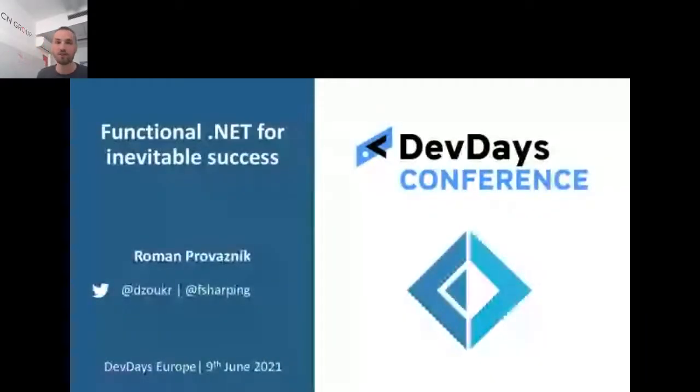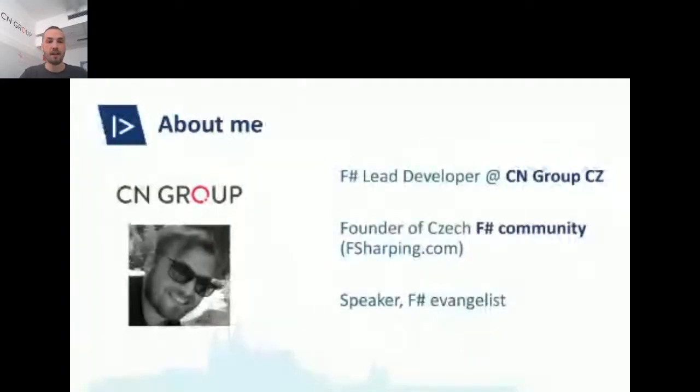So, welcome to my talk about functional .NET for inevitable success. My name is Roman Provazník. I'm from Czech Republic, from Prague. You can find me on Twitter on these handles, Joker and FSharping. And I'm also known as a speaker, as a big F-sharp evangelist.